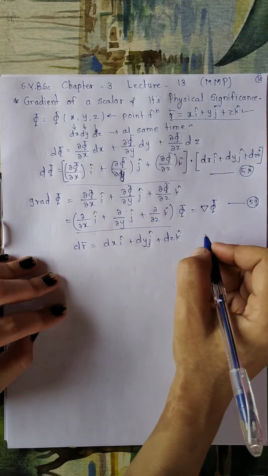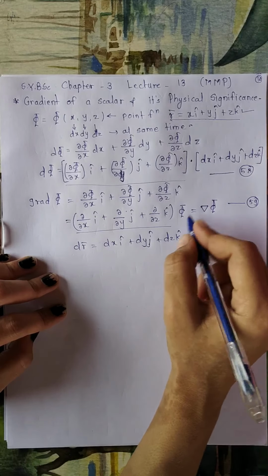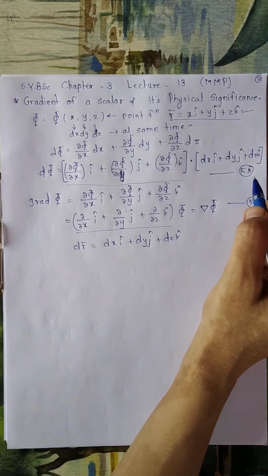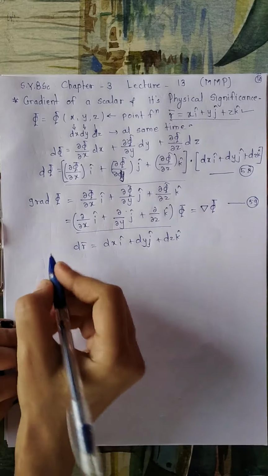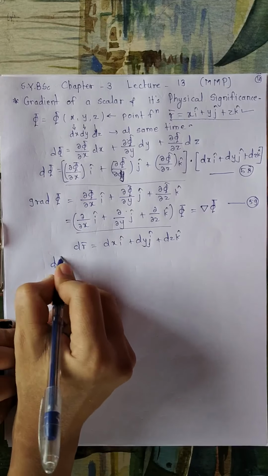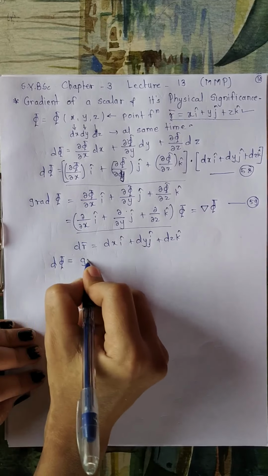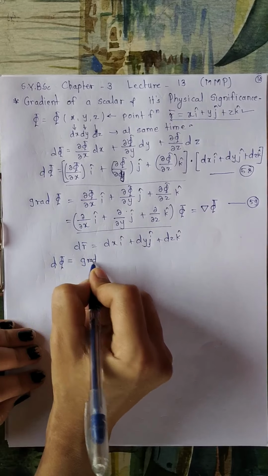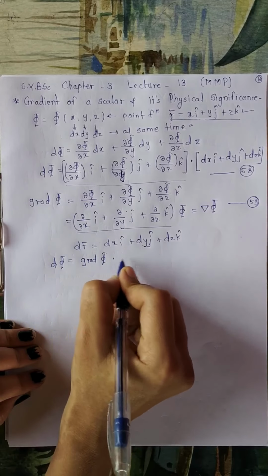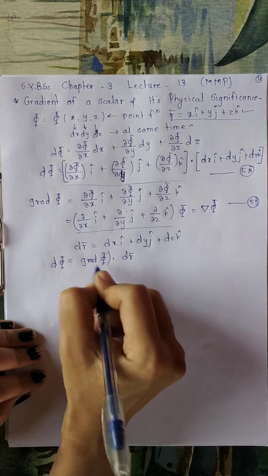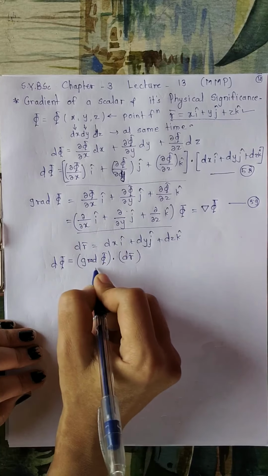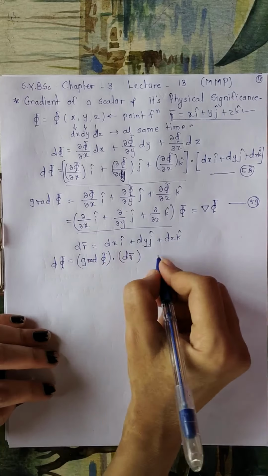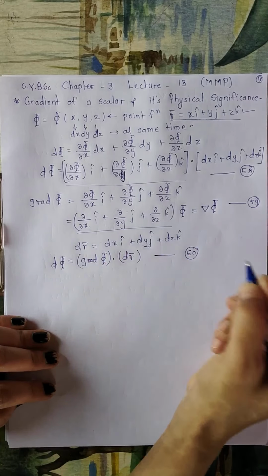So if you substitute all these quantities in equation number 58, what will we get? We will get the total differential of phi equal to grad phi dotted with dr bar. So it is a dot product of gradient phi and dr bar. Let's say equation 60.